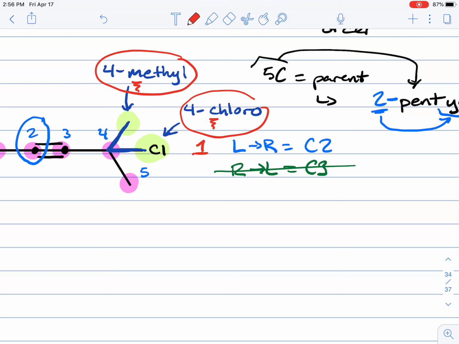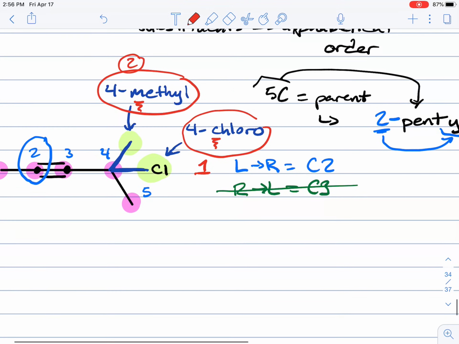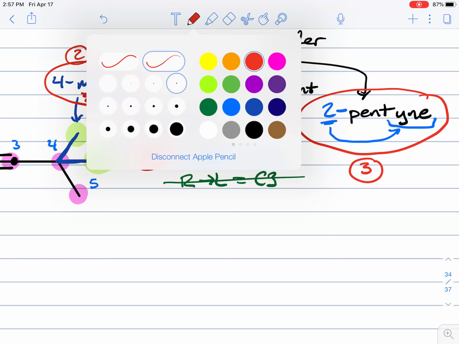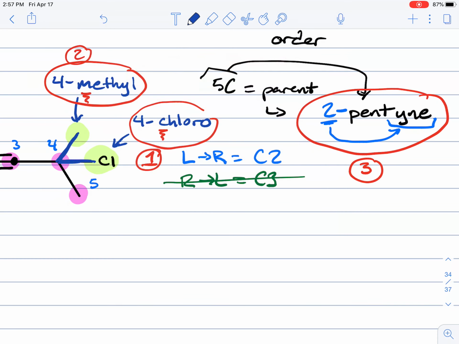And then we're going to go ahead and name this second. Okay. And now that I have all of my substituents numbered and how I'm going to name it in my final answer, I'm going to go ahead and name the parent chain last. So it's 1, 2, and 3. We're going to go ahead and name it in that order.